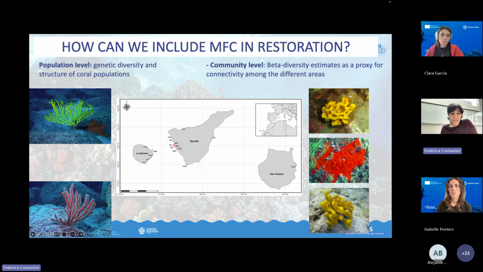This is a very new approach and will be very useful not only to assess the benthic biodiversity before the restoration activity, but also to monitor the effect of the restoration in the future, because we can use this non-destructive method to characterize the benthic biodiversity in the restored areas.